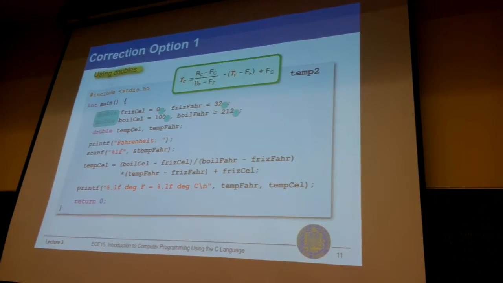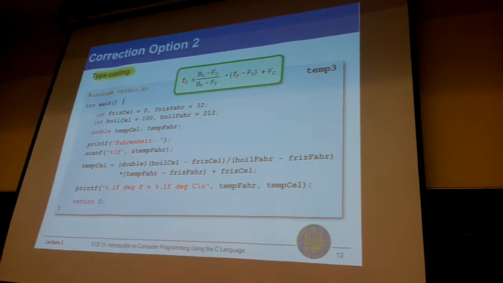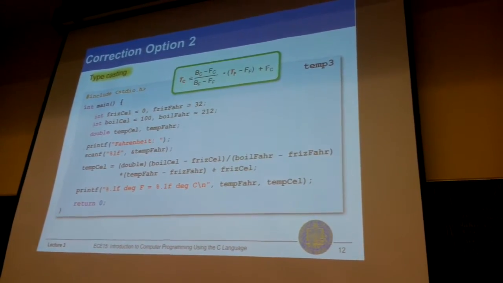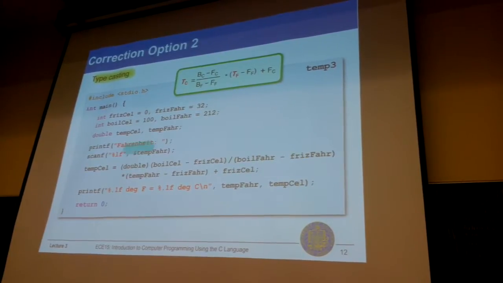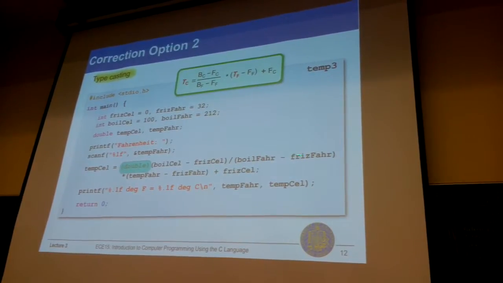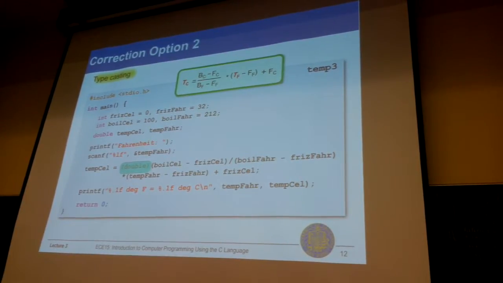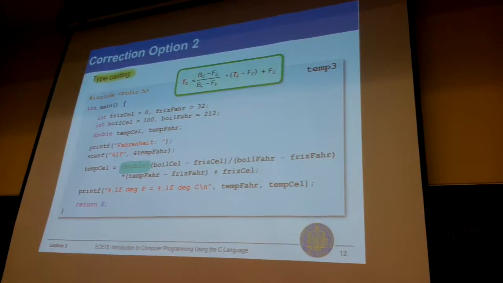So instead, we can go with another correction option, and that is to use typecasting. And so we could have retained our integer type, but instead, we could have casted when we did our calculation. This is also more computationally efficient as well, because it turns out that doing operations with doubles is more expensive than operations with integers on most computers.